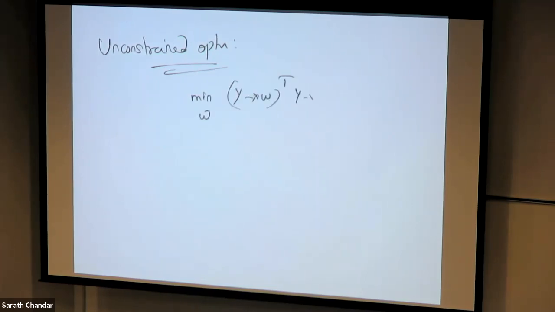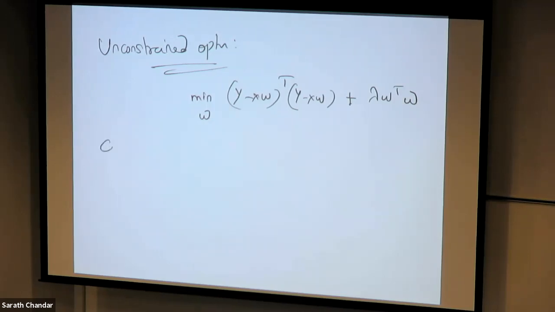So there are two ways to look at this L2 regularization. One is unconstrained optimization, where you basically have the minimum over W of (Y minus XW) transpose (Y minus XW), plus lambda times W transpose W, right?